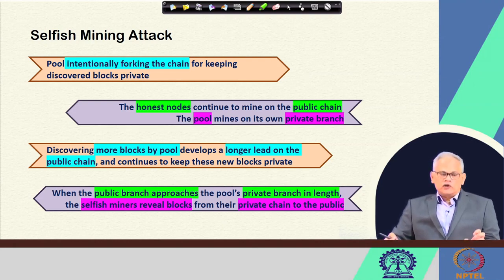But these people have sufficient computing power, though not more than 50%. So, they would be able to mine different blocks from time to time, and overall the other people are likely to mine more blocks in a given amount of time as compared to these ones, the so-called selfish miners.